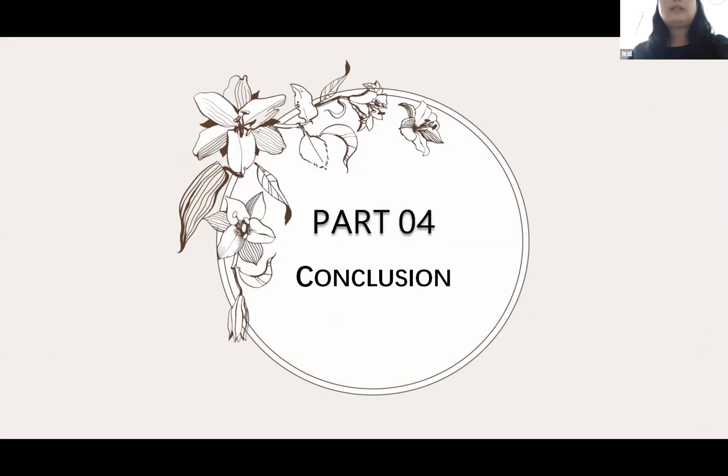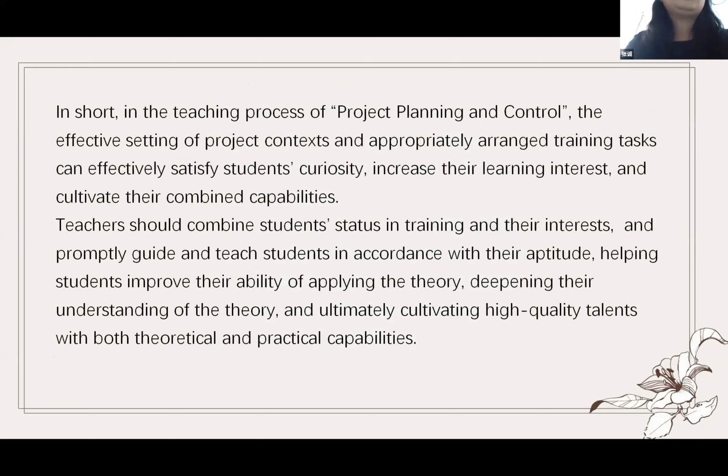The last part is the conclusion. In short, in the teaching process of project planning and control, the effective setting of project contexts and properly arranged training tasks can effectively satisfy students' curiosity, increase their learning interest, and cultivate their combined capabilities.